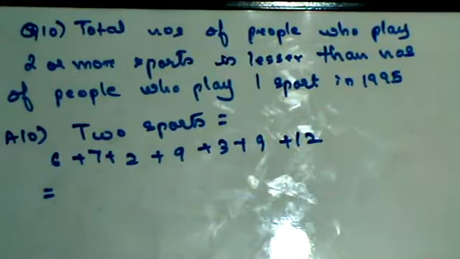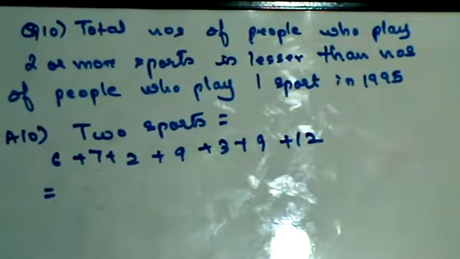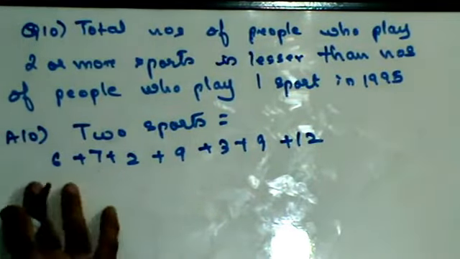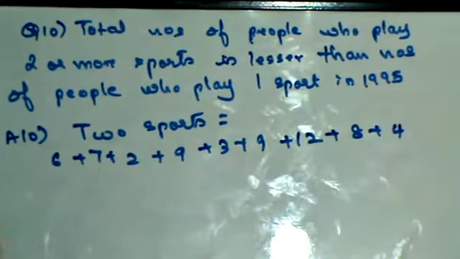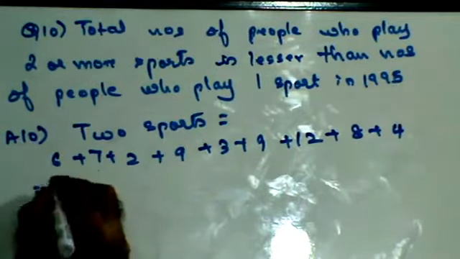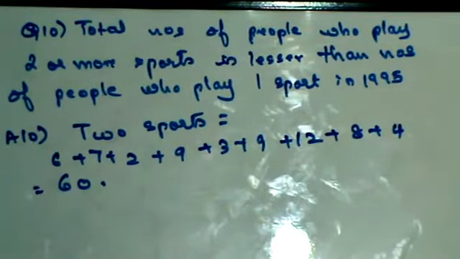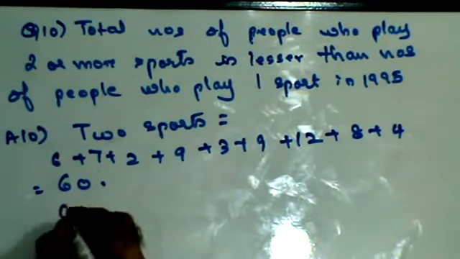Plus, I missed something, I presume. See, 10, 4, 10, 6. Leaving this, I have to consider everything. So that means plus 8 plus 4. Yeah, 60. These are those who play 2 or more sports.